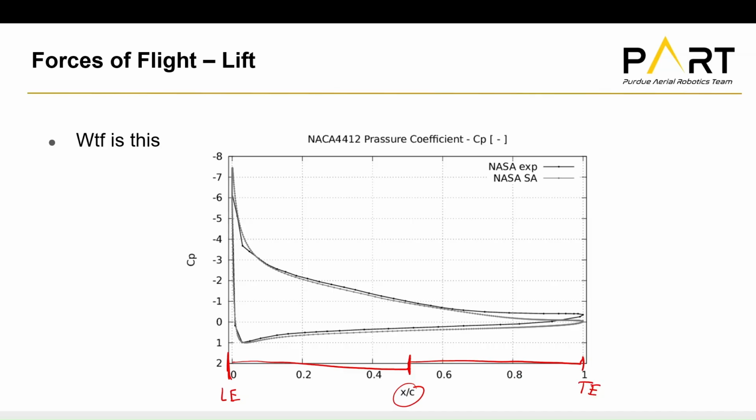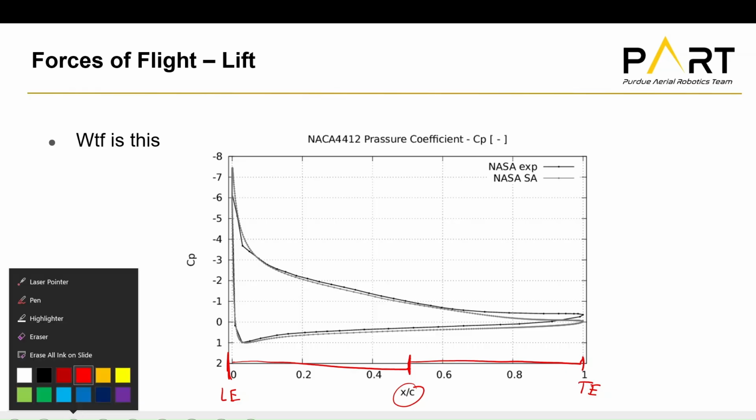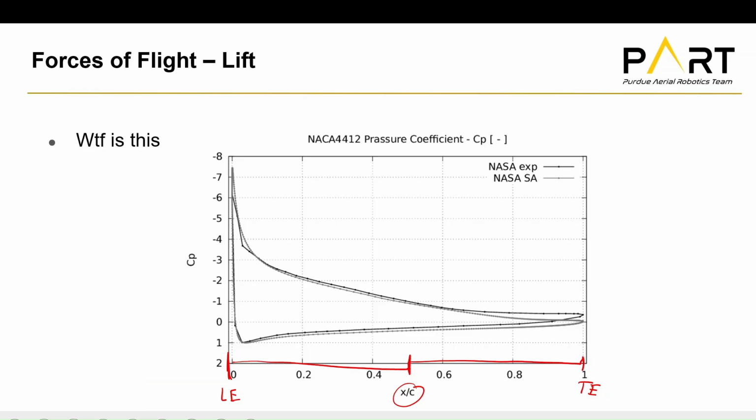This plot, you'll notice, has two lines on it. Why does it have two lines? It's pretty interesting. Well, this will help you understand it. Let's draw a line here, a blue line up here, take that all the way to the back, and then let's take a red one here.